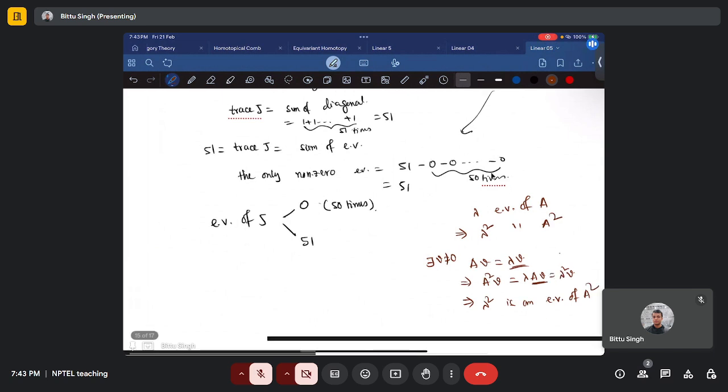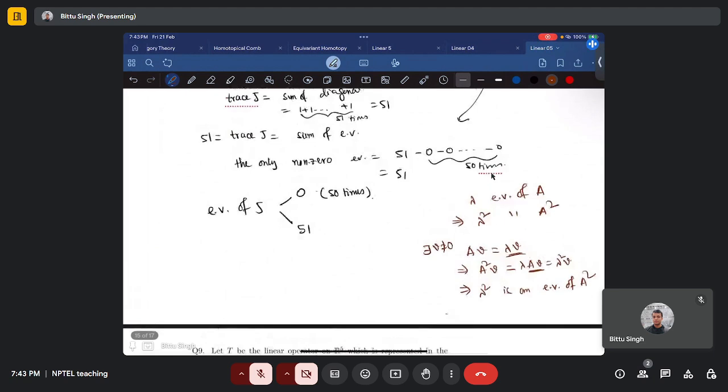Similarly you can claim that lambda to the power n is an eigenvalue of A to the power n.